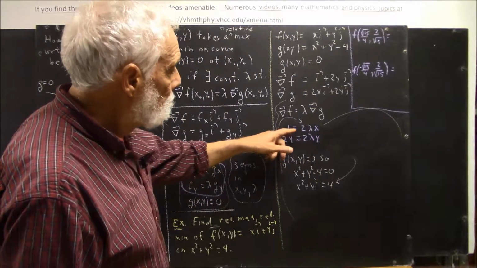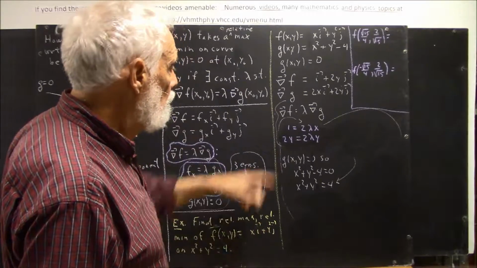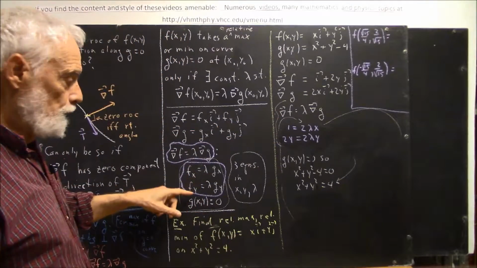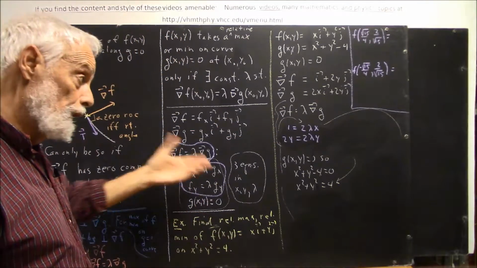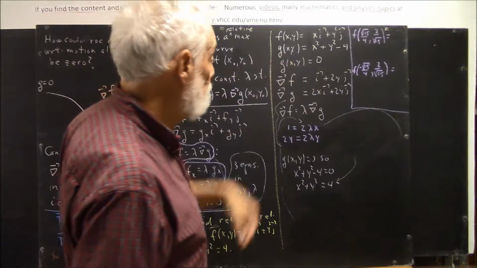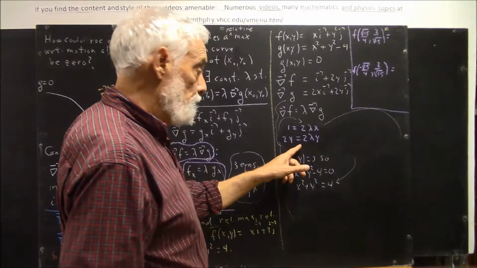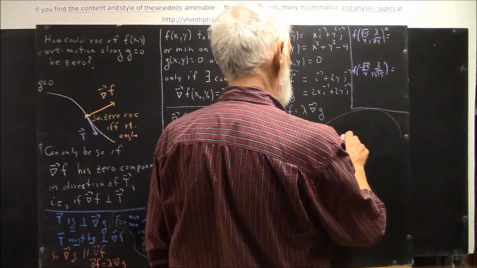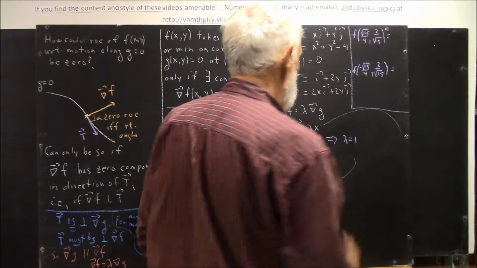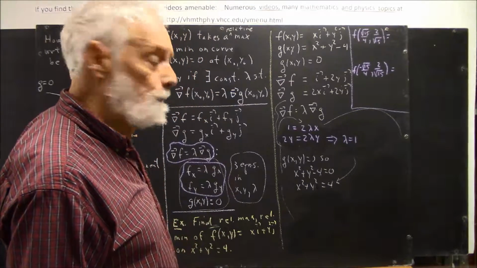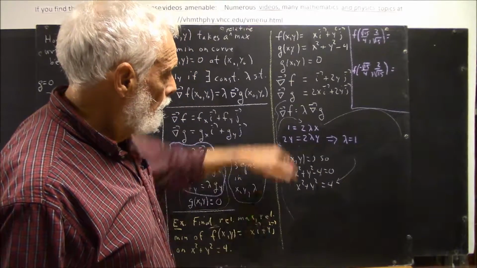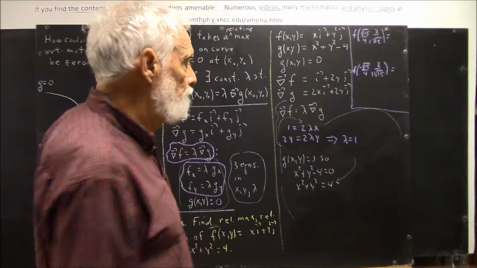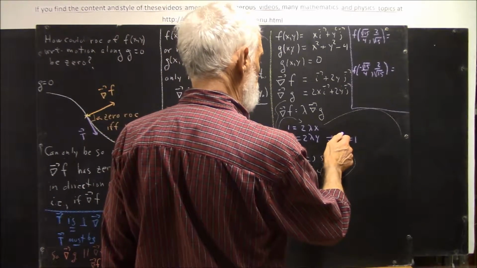Okay, well, taking these two conditions, which are exactly what you get if you wrote these equations down without thinking about what they mean. From this equation, lambda has to equal 1. Okay? Then, if lambda equals 1, well, we plug that into this equation.